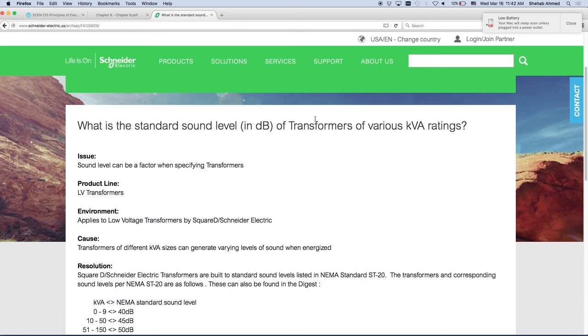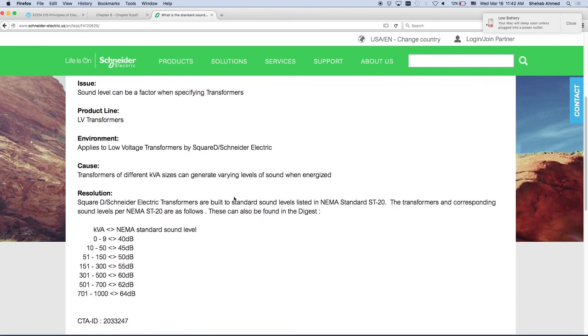This transformer noise, of course, you don't want it to be very, very loud, so there's a specification for it. Just to give you an idea, even for the largest transformers, the level of that noise is about 64 dB, about 60 dB. So if it's something you can hear, it's about 60 dB. What does that mean?